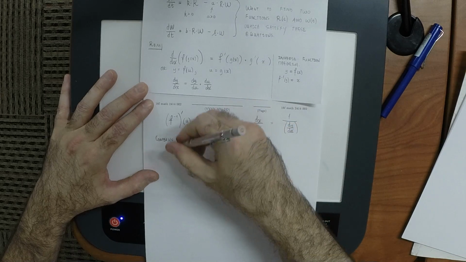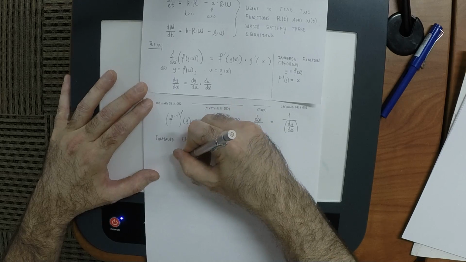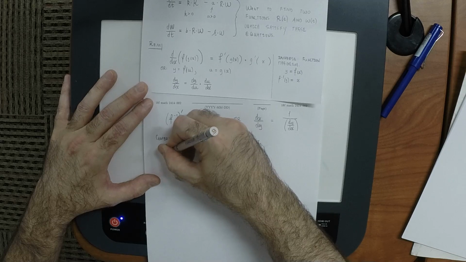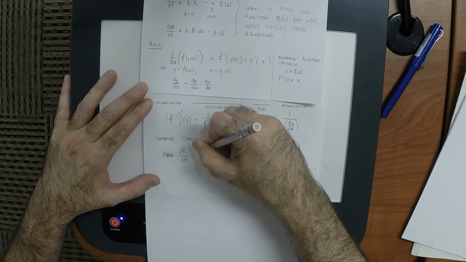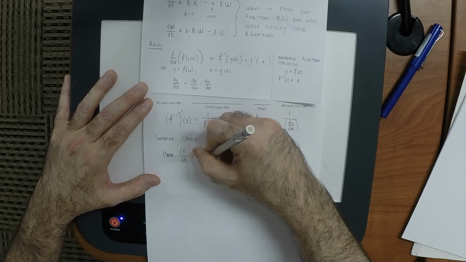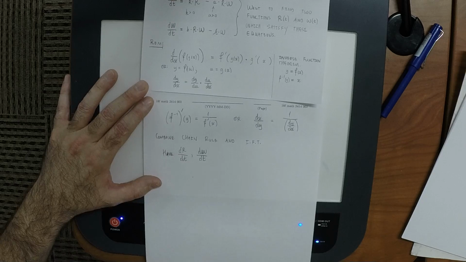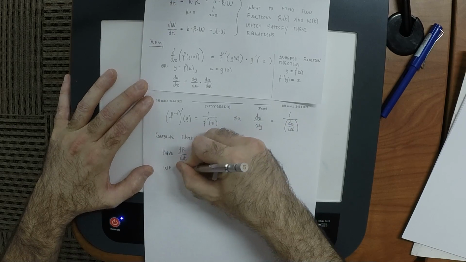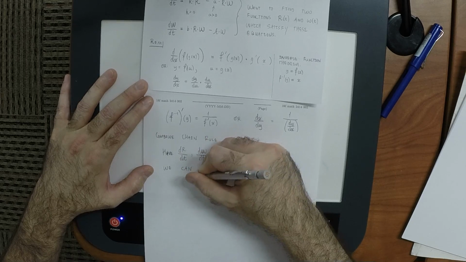So suppose that we have dr dt and dw dt. Suppose we have those, then we can get something else.